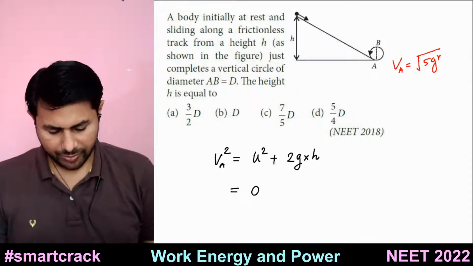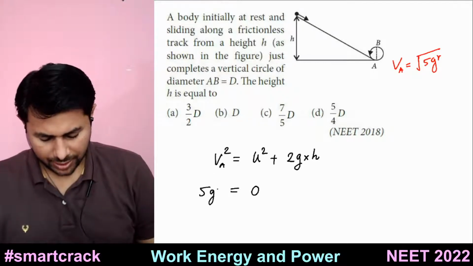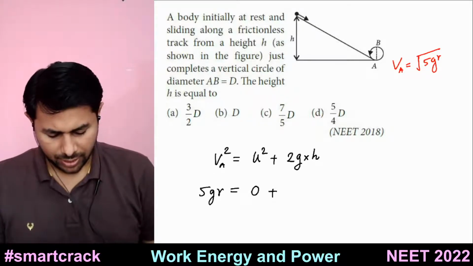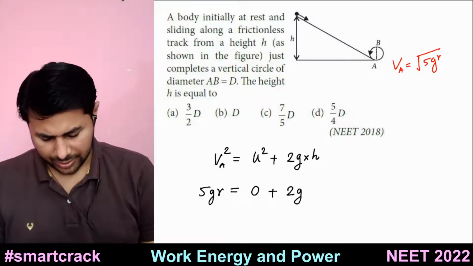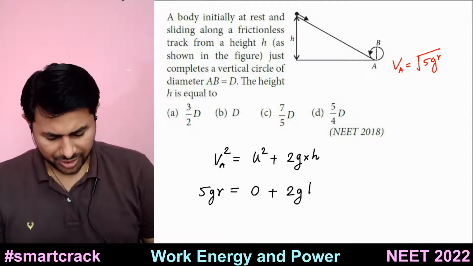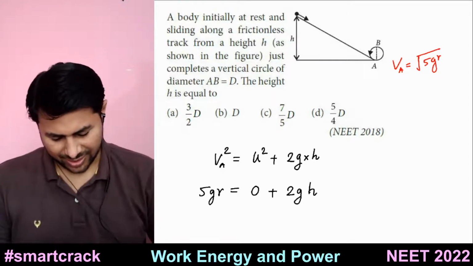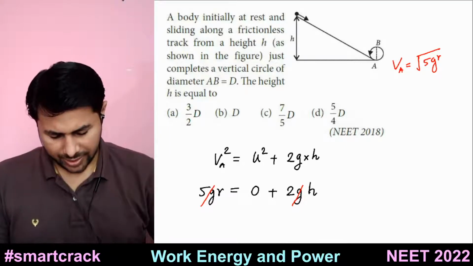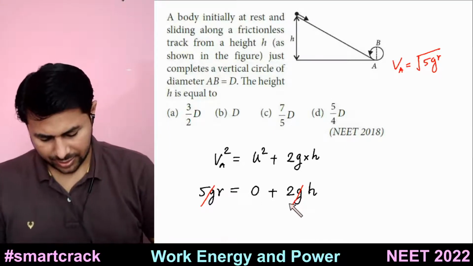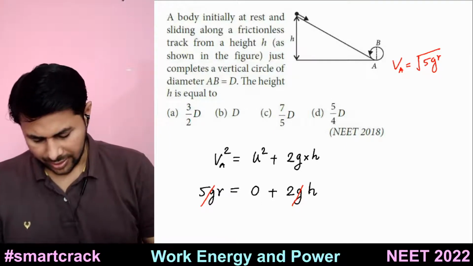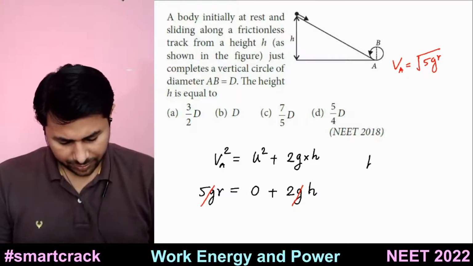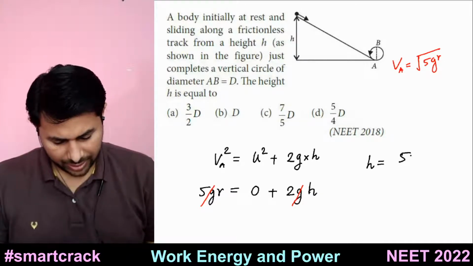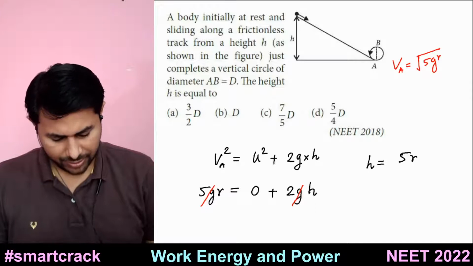So Va square will be 5gr, and that's equal to 2 times g into h. The g and g get cancelled out. We take 2 to the other side, so we get h equals 5R divided by 2.